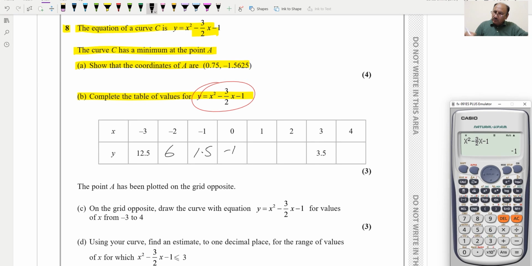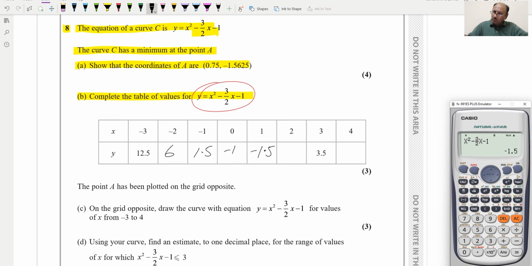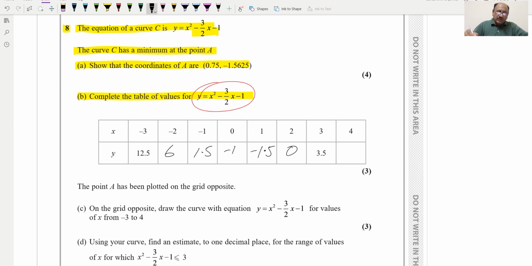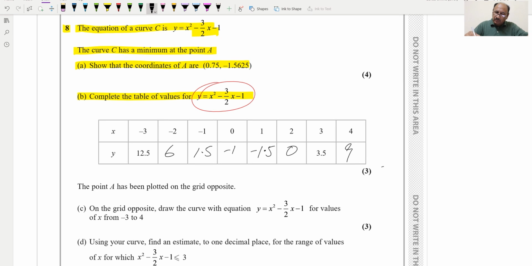Then we will calculate for 1, and this is equal to minus 3 by 2 or minus 1.5. Calculate for x is equal to 2, and this is 0. And the next value is calculate for 4, and this is equal to 9. The table of values is complete for 3 marks.